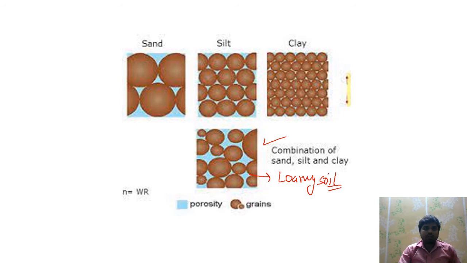We can see that the size of sand is more than that of silt, and the smaller one is clay. Nature itself has mixed sand, silt and clay, forming a combination that is loamy soil. Such soil is very essential and important for the agricultural process.